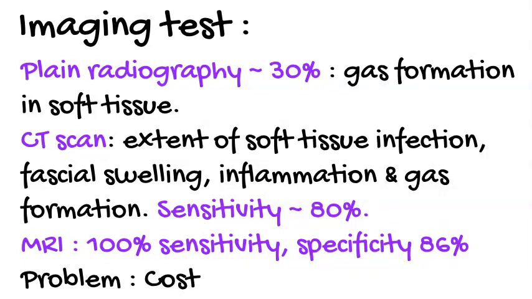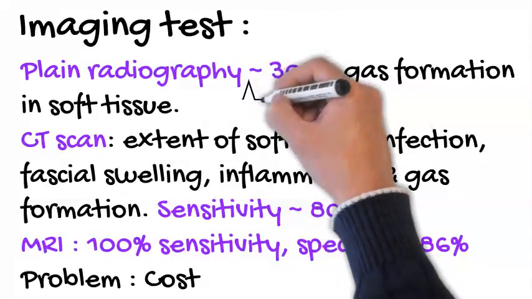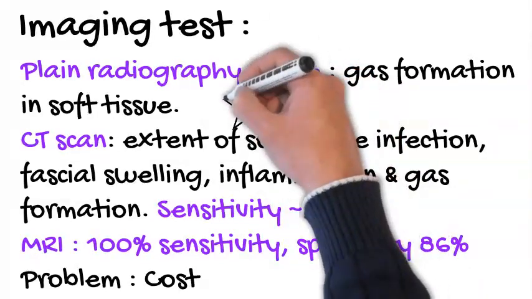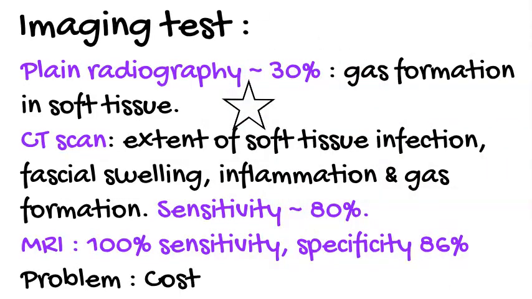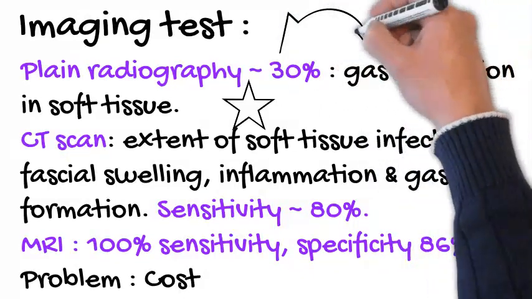CT scan shows extent of tissue infection, fascial swelling, and inflammation with gas formation. It has sensitivity around 80%. An MRI provides better accuracy, but is not widely used due to the cost. It has 100% sensitivity, specificity around 86%.